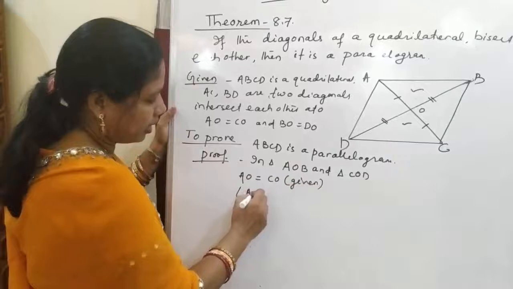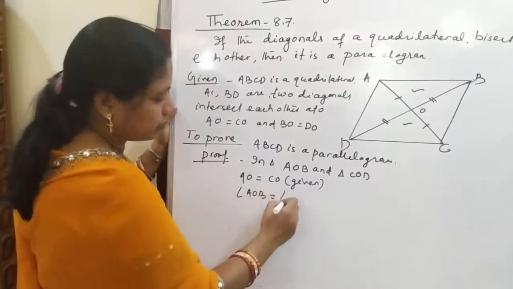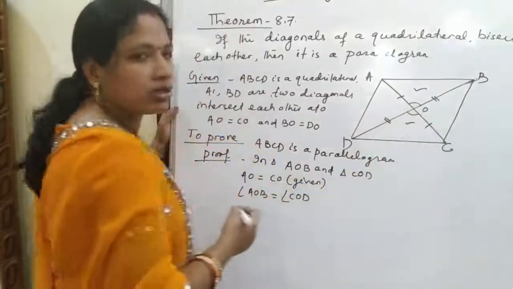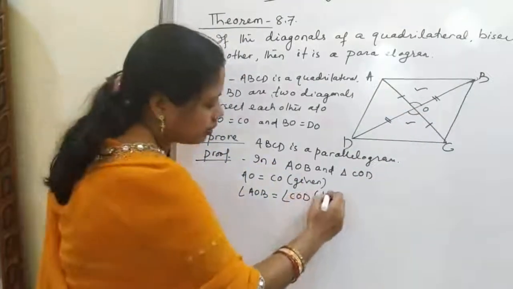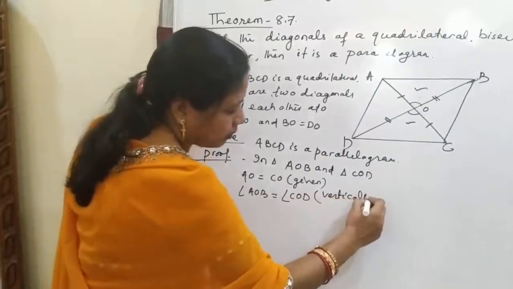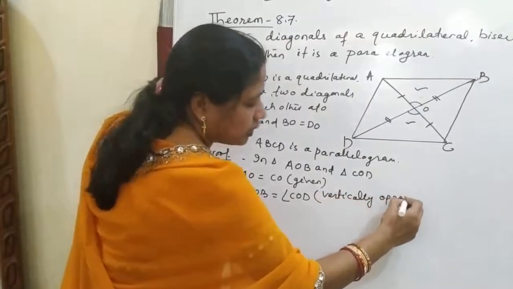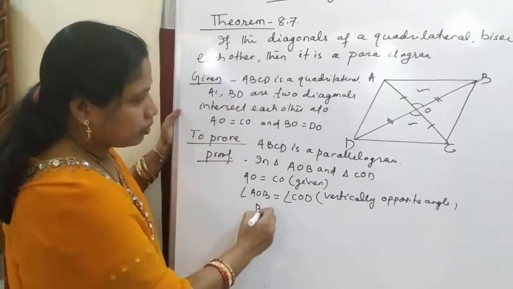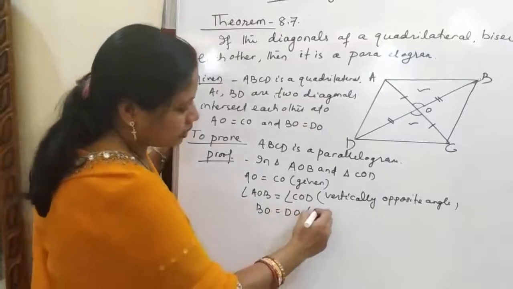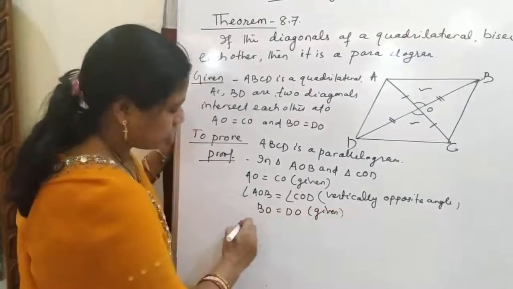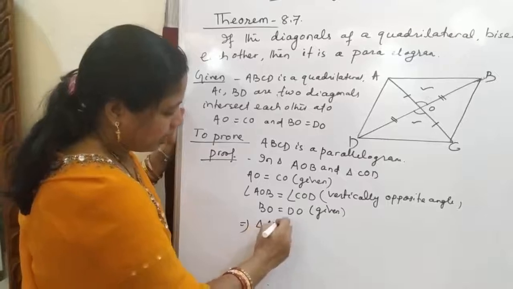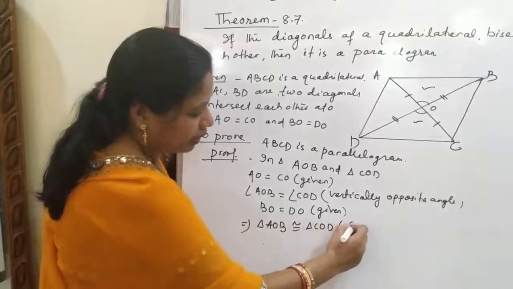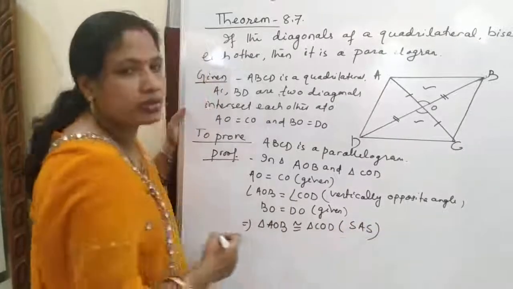Angle AOB is equal to angle COD because they are vertically opposite angles. And BO is equal to DO, this is also given. So triangle AOB is congruent to triangle COD by the SAS congruence rule.